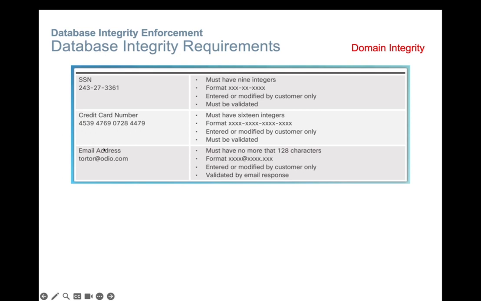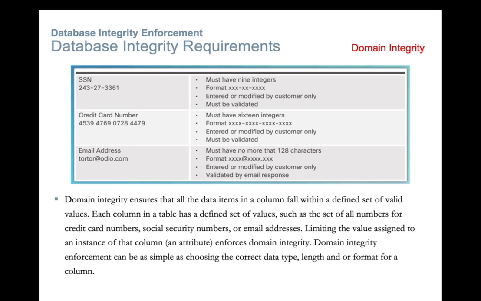Domain integrity enforcement can be as simple as choosing the correct data type, length, and or format for a column. So this is domain integrity. So, the entity integrity, referential integrity, and domain integrity.